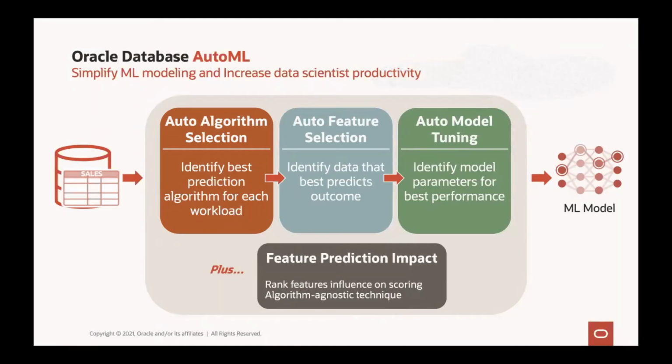It will automatically select the features from your data, because maybe you have too many features and they are not all important for the execution. They are not useful for the predictions you want to make. And then it will also tune the model for you.